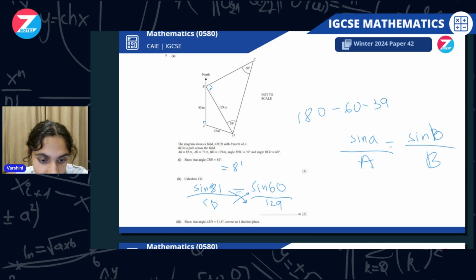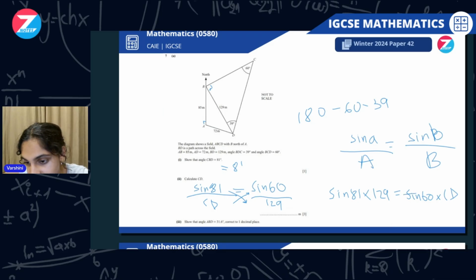and we'll get sine 81 into 129 equals sine 60 into CD, and just have to get rid of sine 60, so we're going to take it out of here, divide both sides by sine 60. Just put this straight in your calculator and don't forget to use the brackets.